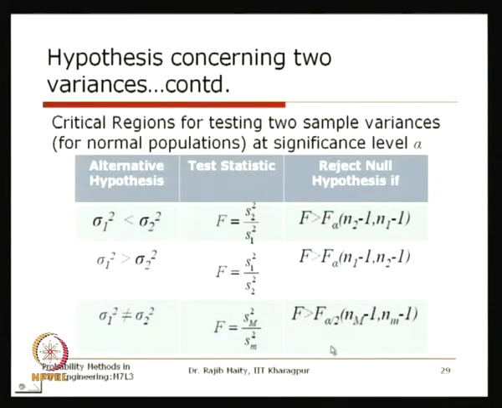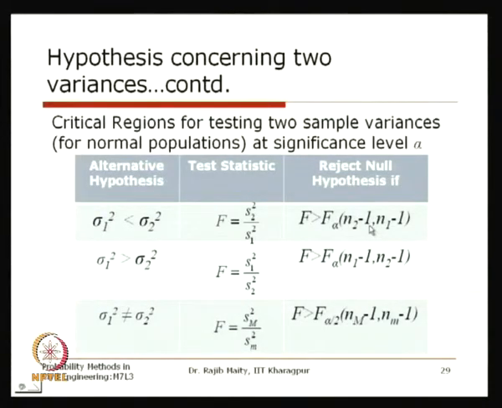So, here again there are 3 different cases and 3 different test statistics, depending on whether the first is less than the second, or greater than the second, or they are not equal. Depending on that, you have to find out your critical region.